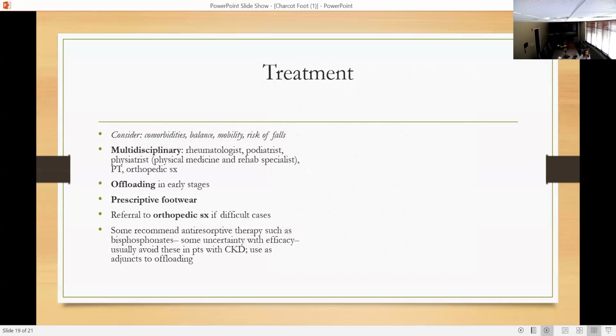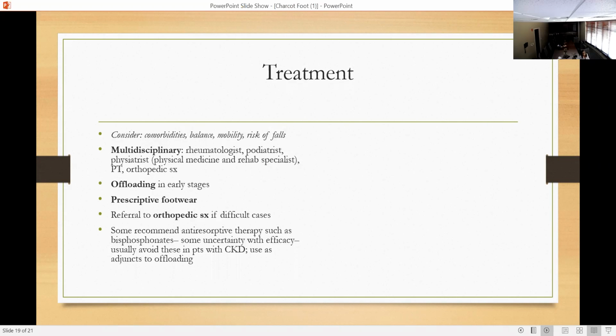We don't want to create more problems. Usually the podiatrist will prescribe the footwear, and they'll measure the foot and send the paperwork to me, and we can get that signed by the physician. Sometimes referring to orthopedics is something you need to do in these difficult cases.